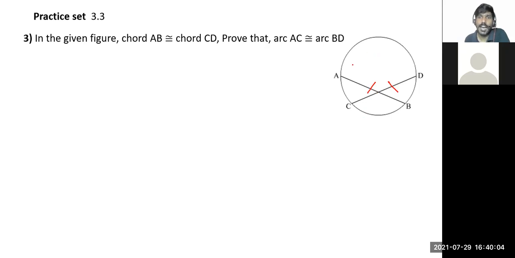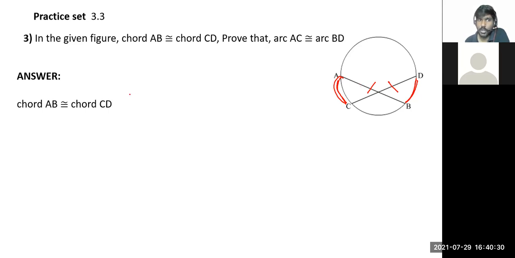You have to prove that arc AC, that is this one, and arc BD, these two arcs, are also congruent to each other. Is the question clear, what is given and what you have to find out? Yes. Okay, so let's start with the solution.